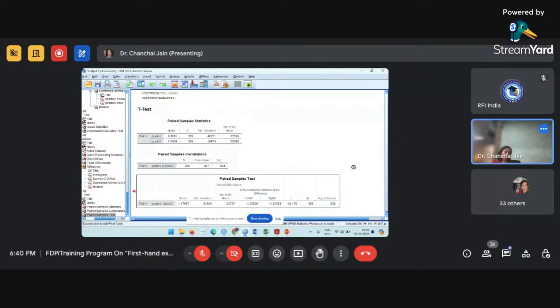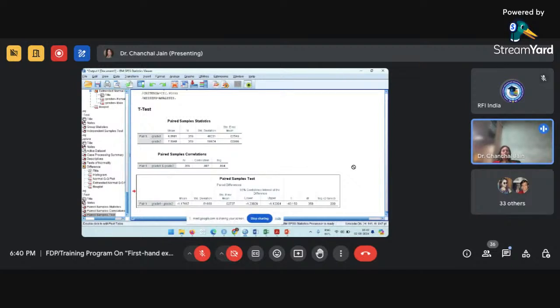Ma'am, here we reject the null hypothesis because the significance level is less than 0.05. Yes, the significance value is less than 0.05. That means we are going to reject the null hypothesis of the paired samples t-test.